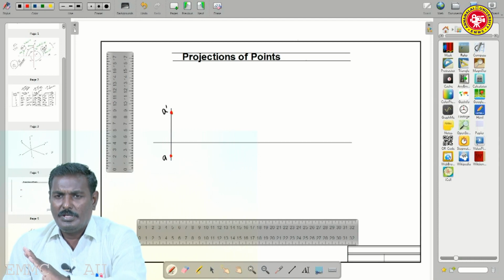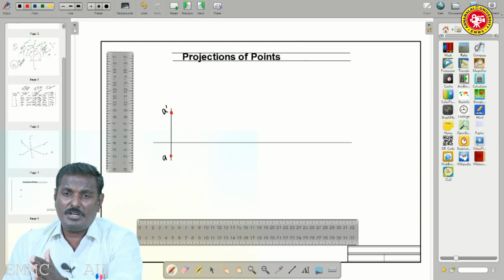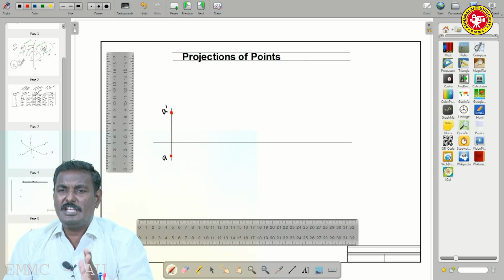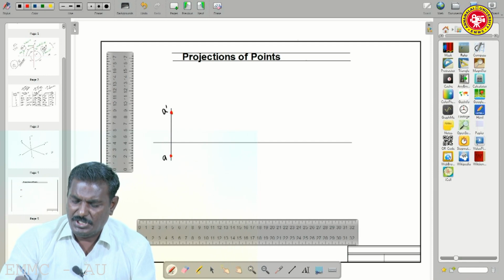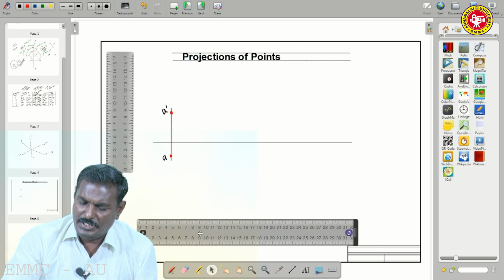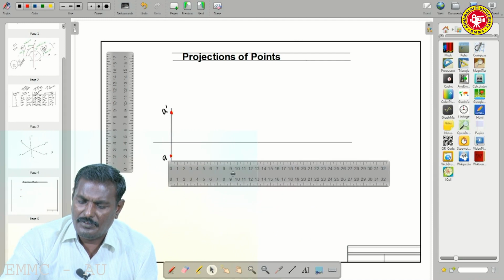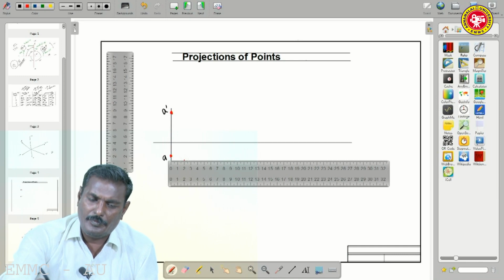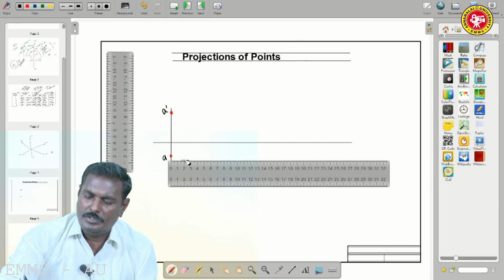Subdivision B. What is stated is that each projector is 20 mm apart. So you have to measure 20 mm apart from here. From here we measure 20 mm by use of the 2H pencil.